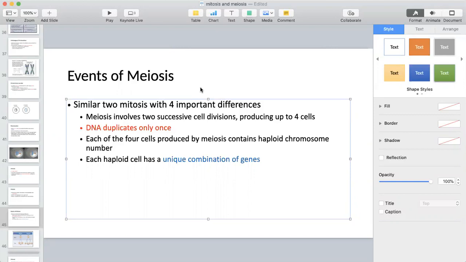And then the last difference is that each haploid cell that's created from meiosis is going to be genetically different. It's going to have a unique combination of genes. They're not going to have the same identical genetic makeup.